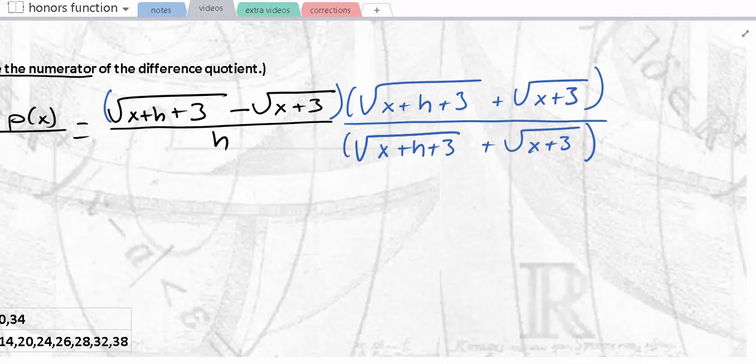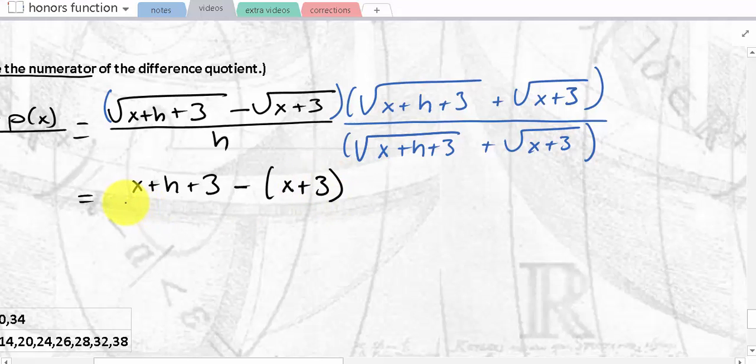Now, what do you have at your numerator? Well, this is (a minus b) times (a plus b), so it's a squared, x plus h plus 3, minus b squared, be careful with the minus, minus (x plus 3), divided by, don't expand the denominator. I've already told you that. Never expand a denominator.